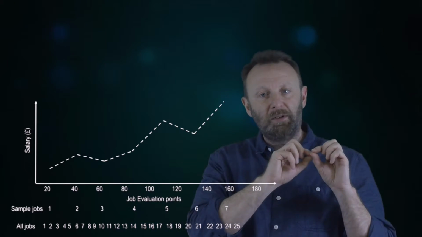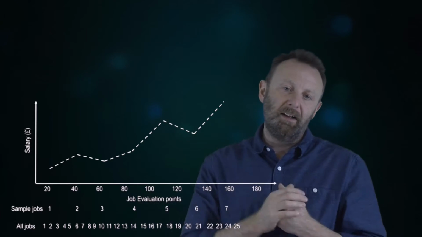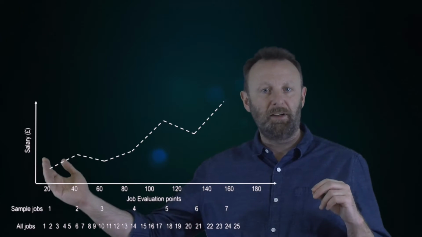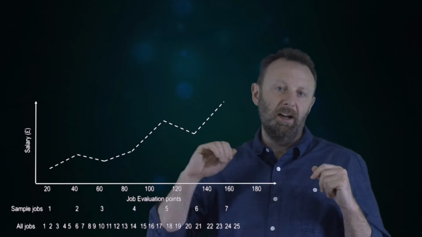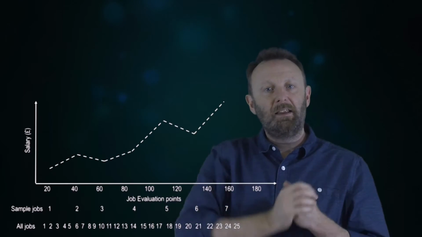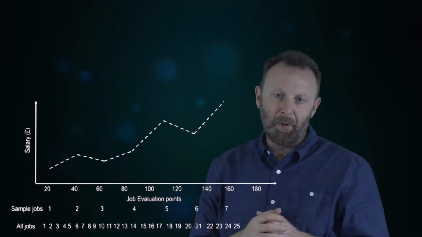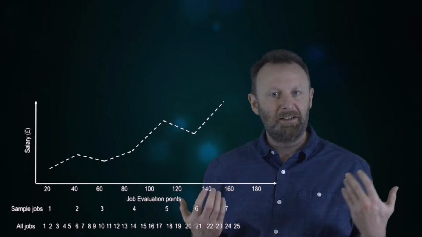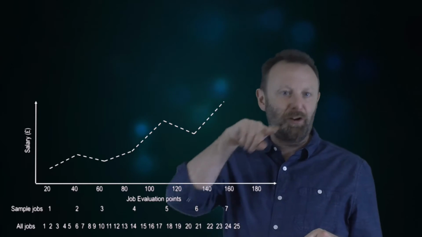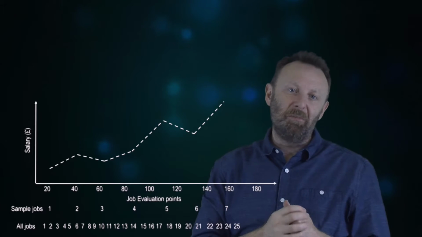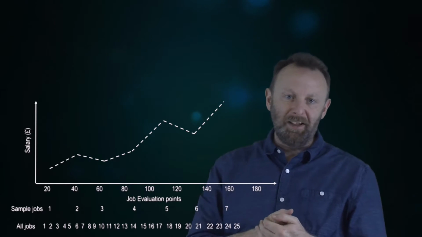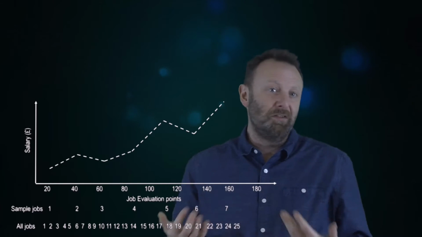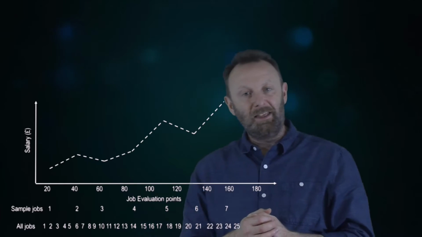It doesn't line up. We don't have a straight relationship between the increase in job evaluation points for our job structure and the rates of pay that equate to those jobs from our pay survey. So we're faced with a situation where we have a crooked market pay line, which isn't terribly useful, because the point of this is to make use of it for all of those other jobs that were not in the pay survey.